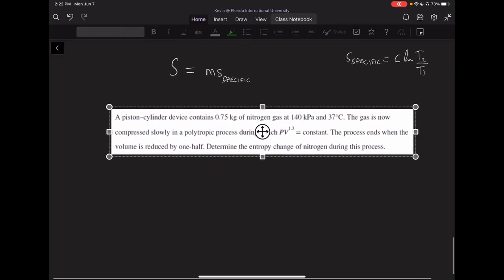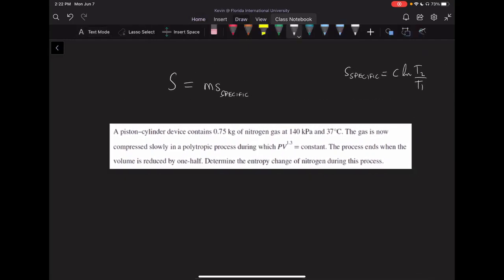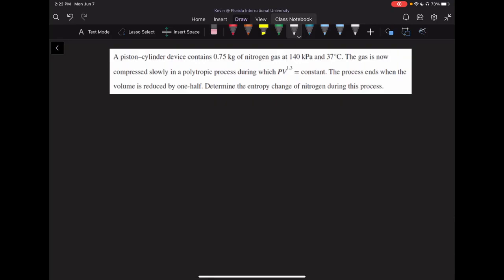A piston cylinder device contains 0.75 kilograms of nitrogen gas, N2, at 140 kilopascals and 37 degrees. The gas is now compressed slowly in a polytropic process during which PV^1.3 is equal to a constant. The process ends when the volume is reduced by half. Determine the entropy change of nitrogen.